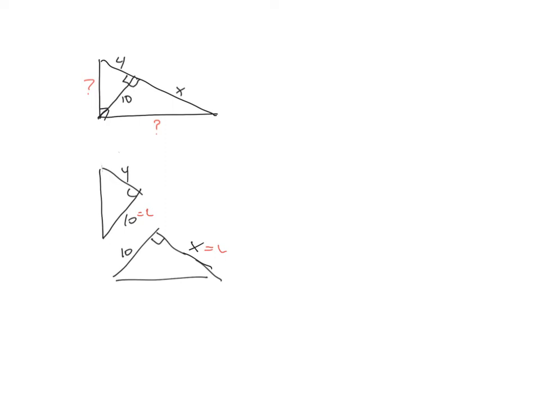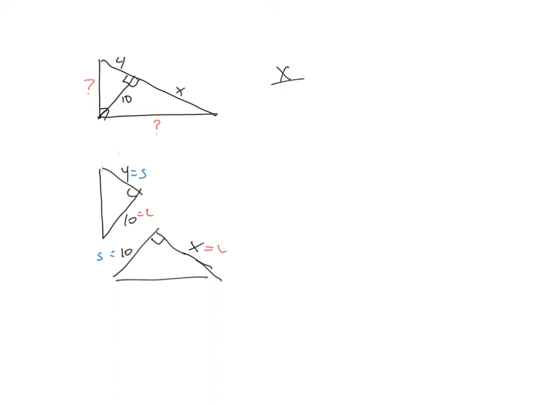And then if you go to the 10 on the bottom one, the 10 is the short side, and the 4 is the short side. So there's two 10s. The 10 on the triangle on the top is the long side, but the 10 is the short side on the other one. So you're going to end up with the 10 twice, and that's okay.